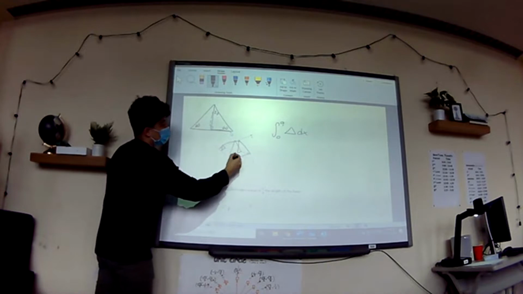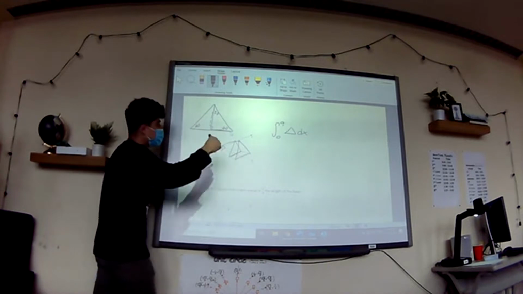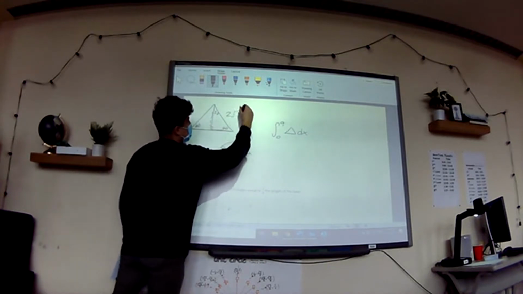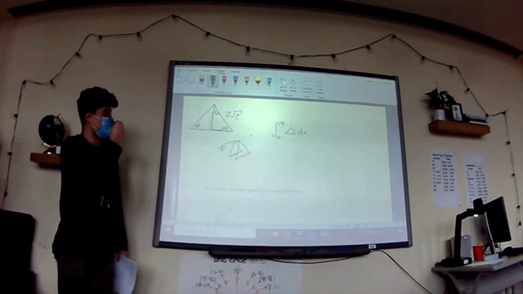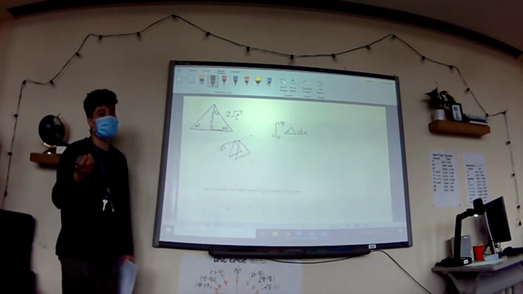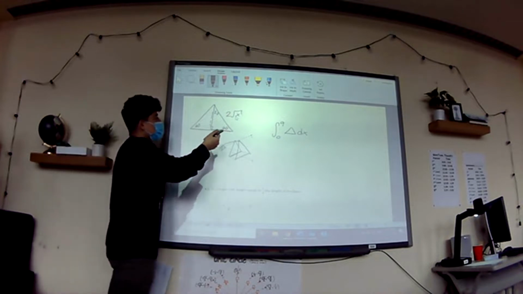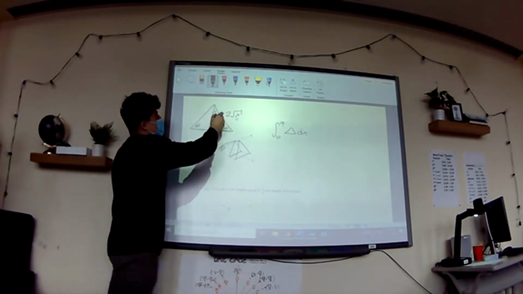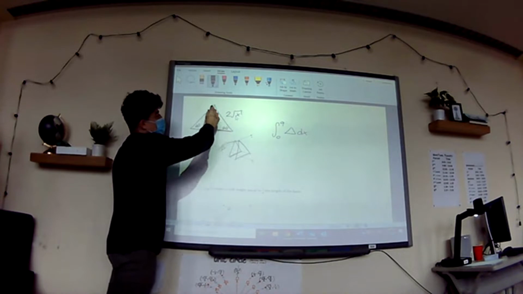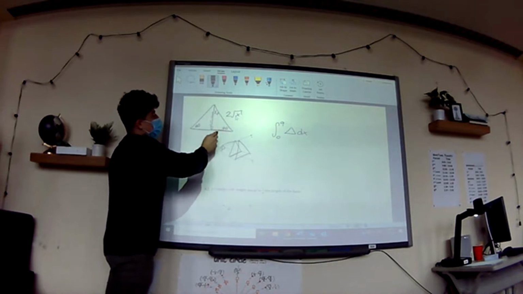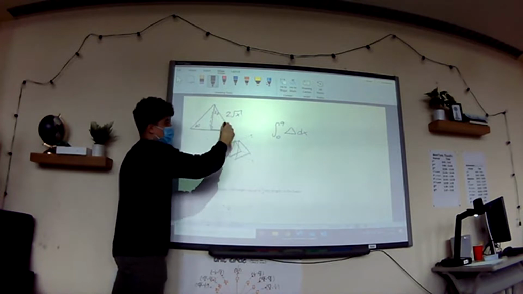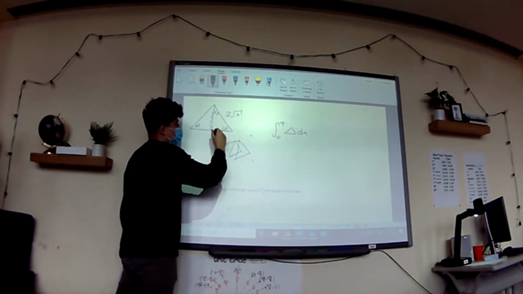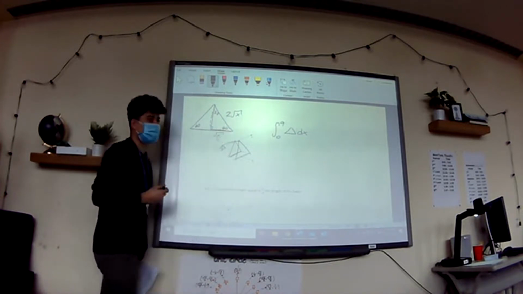And we agreed that the base was 2 square root of x. This part right here is just 2 square root of x. That's the hypotenuse. Special triangles tell us that whatever is on the hypotenuse, the thing across from the 30 should be half of that. So this would be just normal square root of x, like 2 square root of x divided by 2. That's just square root of x.